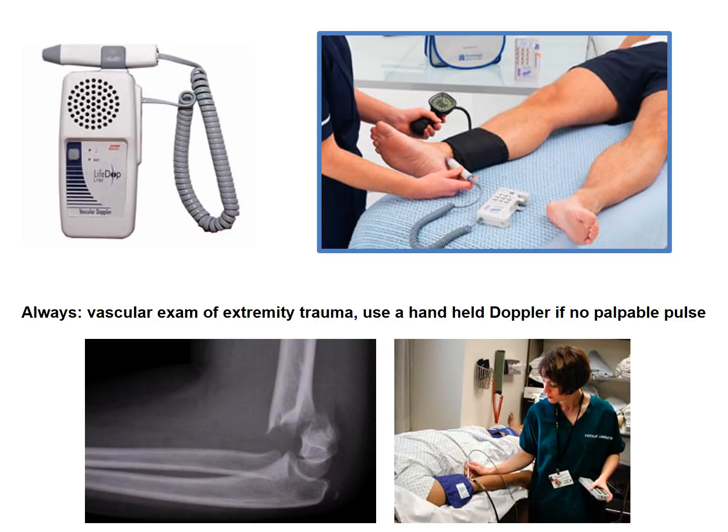And here are some pictures showing you that you can palpate peripheral pulses, and if you're having a hard time finding a peripheral pulse by palpation, then pull out that handheld Doppler and try to listen for blood flow through the vessel that you're interested in. Look at that elbow fracture, that markedly displaced fracture of the humerus.